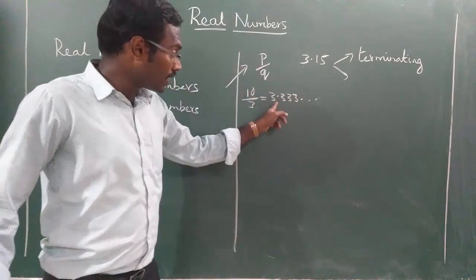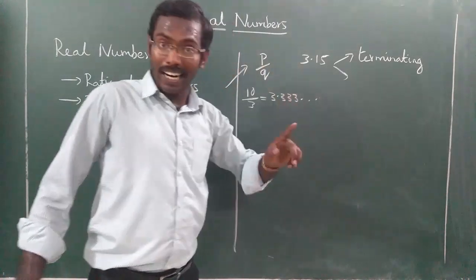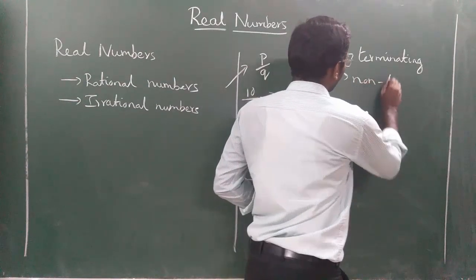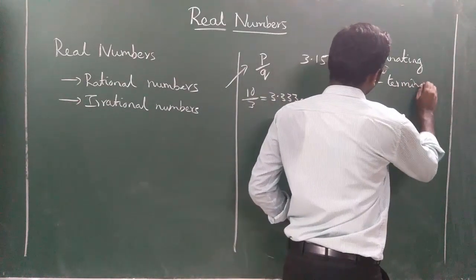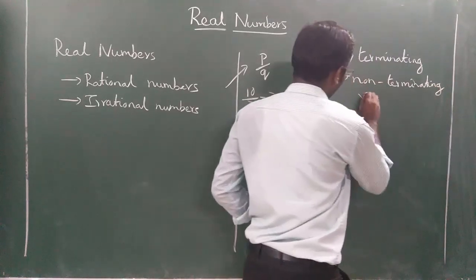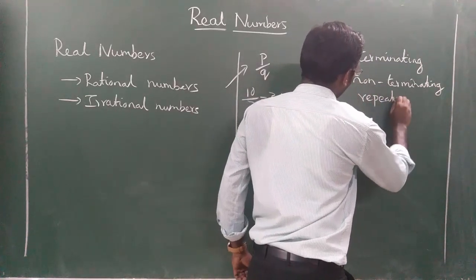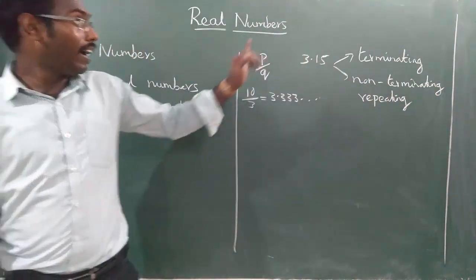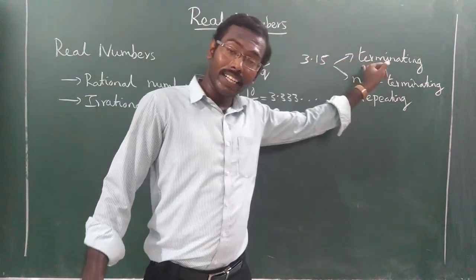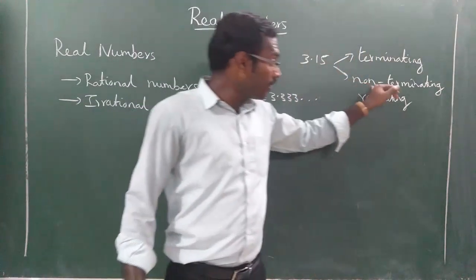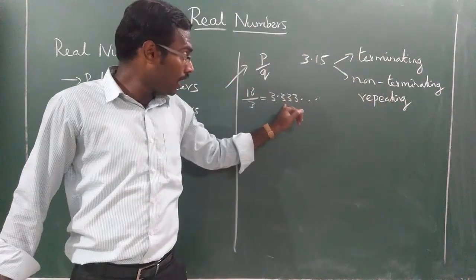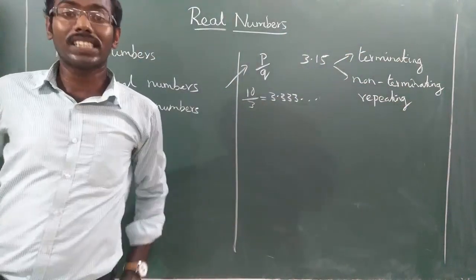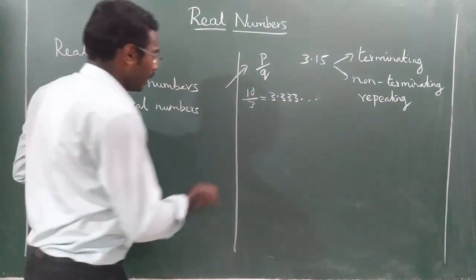So this number is non-terminating, but the digits are repeating. Such numbers also come under rational numbers. If a decimal number is terminating, that is also a rational number. Even though it is not terminating, if the digits are repeating, 333 like that, then also that's a rational number.